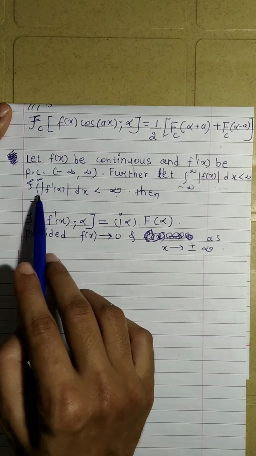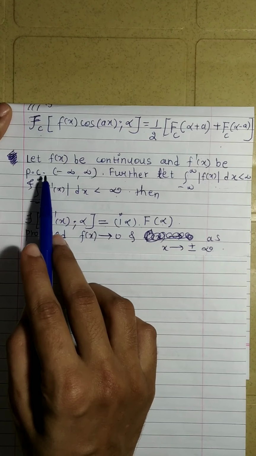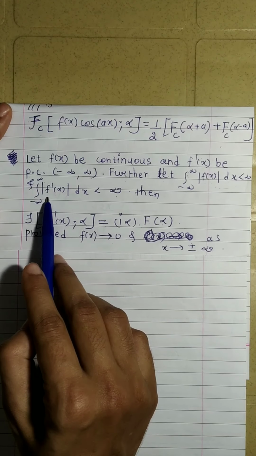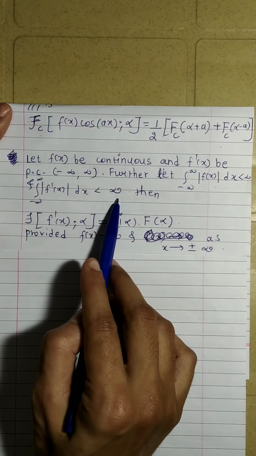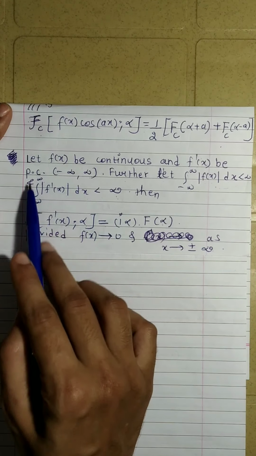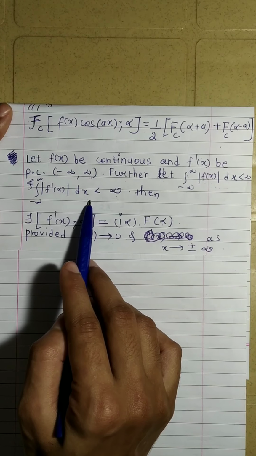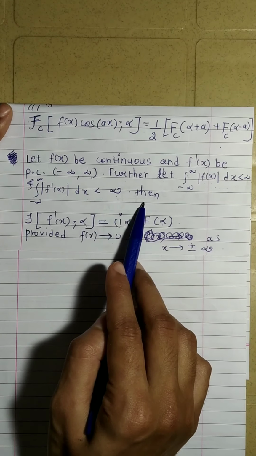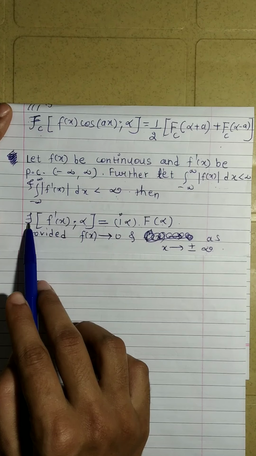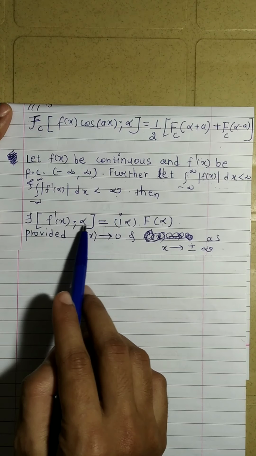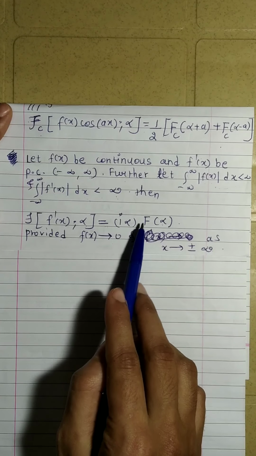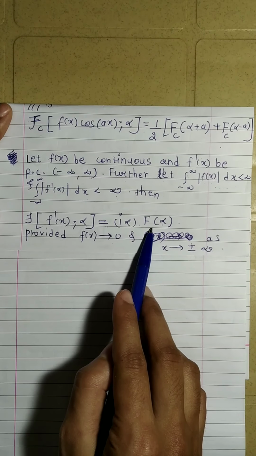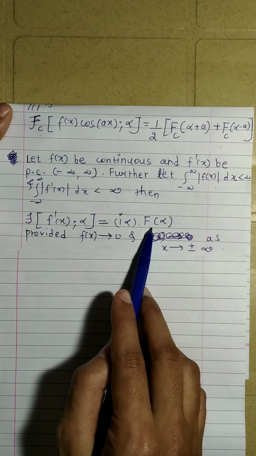And the integral from minus infinity to infinity of mod f'(x) dx is also converging. That means this quantity is also finite. Then the Fourier transform of f'(x) is given by i alpha F(alpha), which is the Fourier transform of the function f(x).